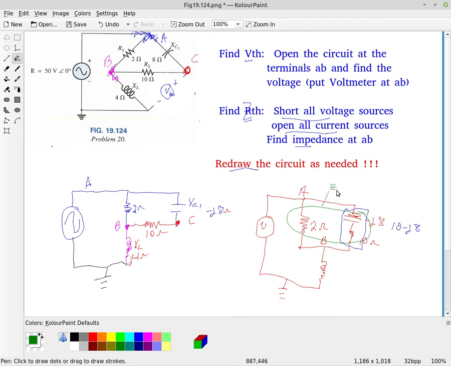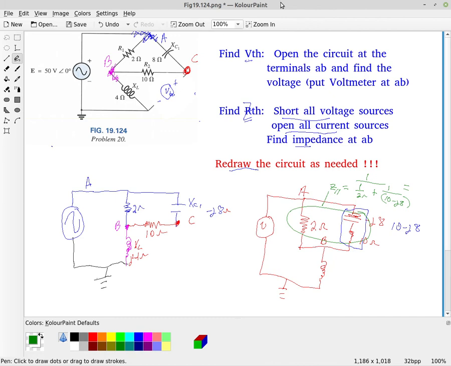I'll call this Z parallel, two parallel lines. So Z parallel is going to be 1 over, 1 over 2 ohms plus 1 over parentheses, do not forget your parentheses here, 10 minus j8. That'll give us this parallel combination.